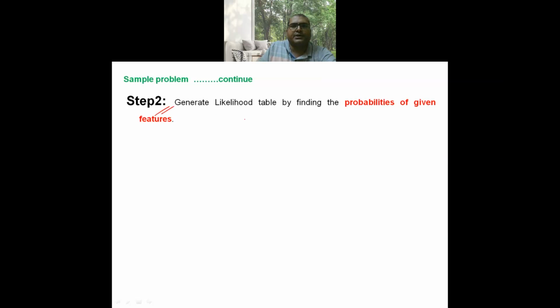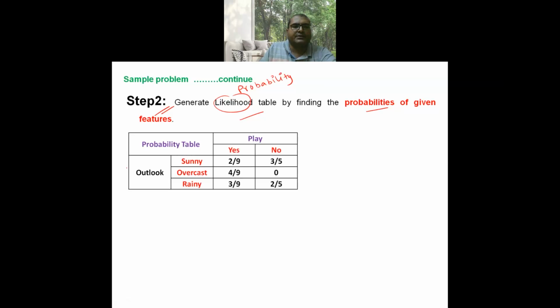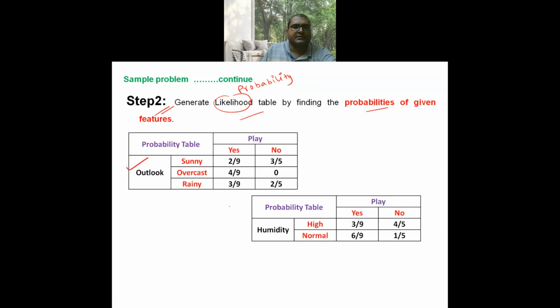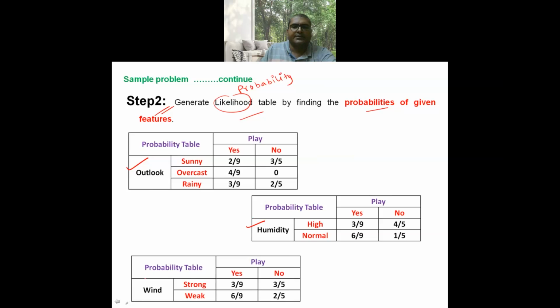Step 2, generate the probability table by finding the probabilities of given features. Likelihood means it is probability. Refer to the probability of features or input variables. Features are nothing but input variables, and target is nothing but output variable.